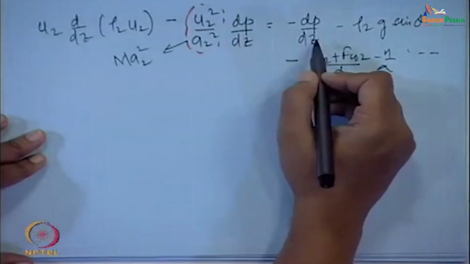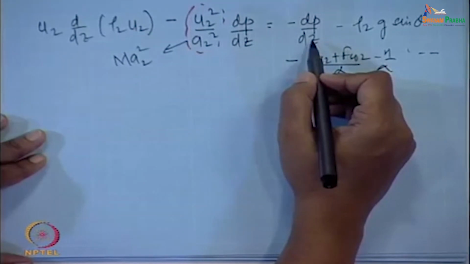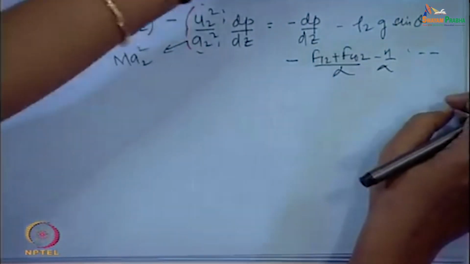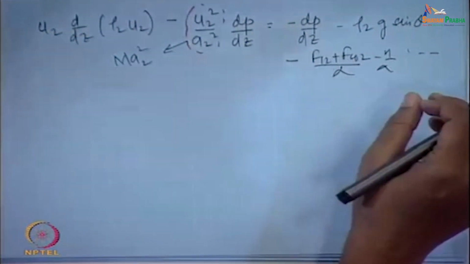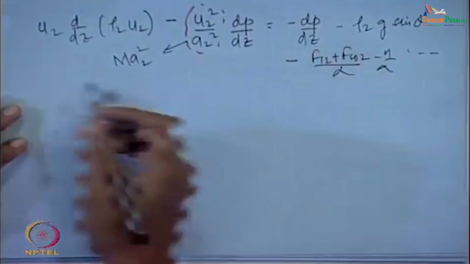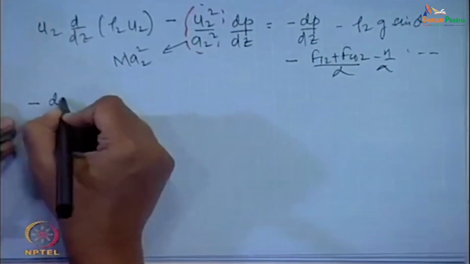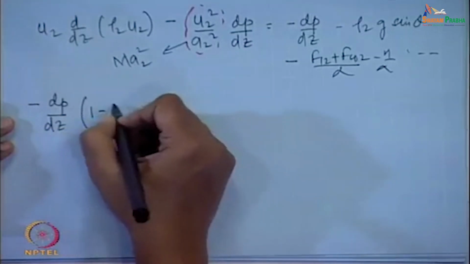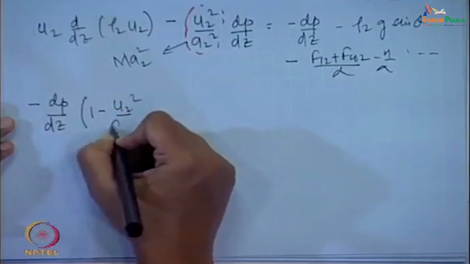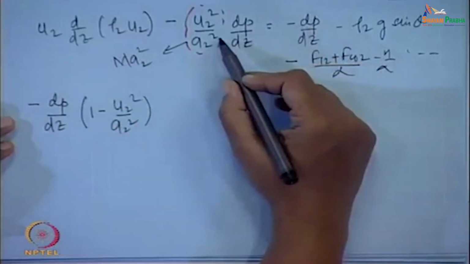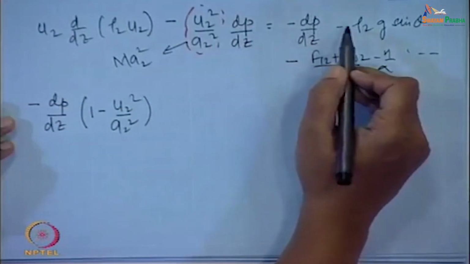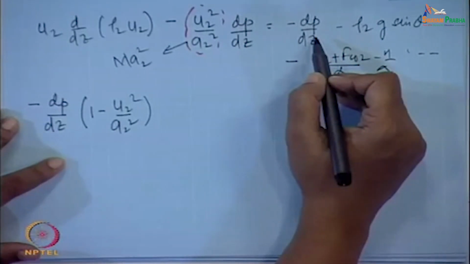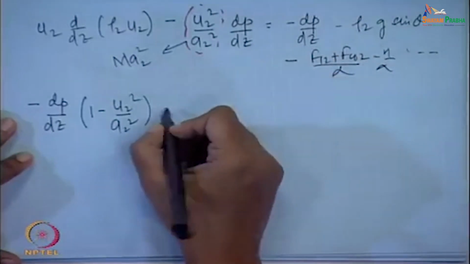Fine. Now, I can bring both the dp/dz terms on one side, the same thing which I have been doing for all the derivations. On doing so, what do I get? Just check the signs, maybe I might make some mistakes. I have taken this dp/dz this side. So I get minus dp/dz into 1 minus u2 square by a2 square, correct, and this is equal to what?